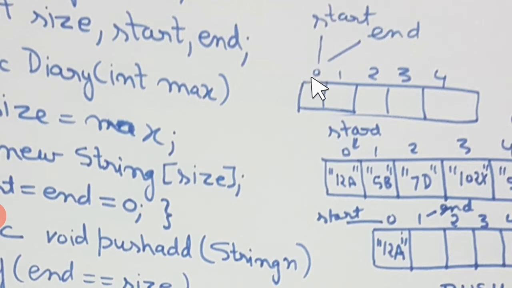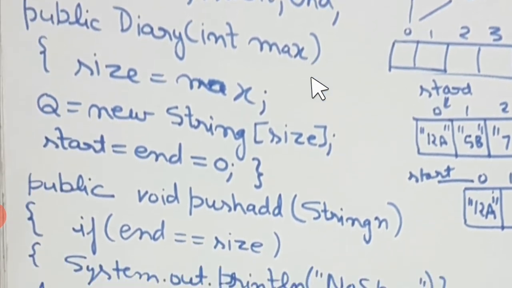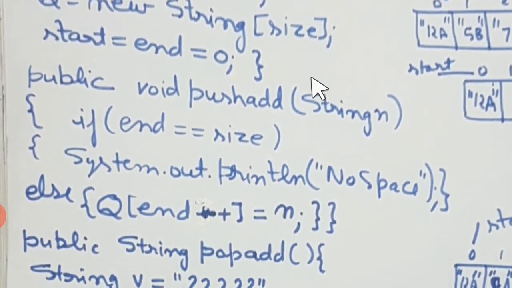All right. After that, students, we have a very important function, the main operations of the Q. Here we have public void push, and one argument is string n, and then if end equals size.